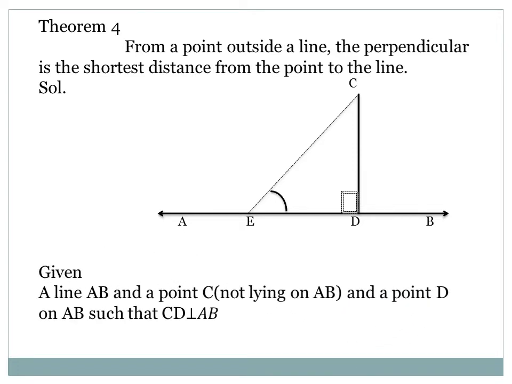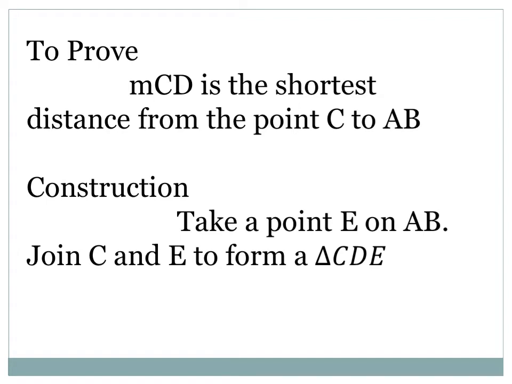A line AB is given and a point C which is not lying on AB, but is outside the given line, and a point D on AB such that CD is perpendicular to AB. We have to prove that side CD is the shortest distance from the point C to AB.